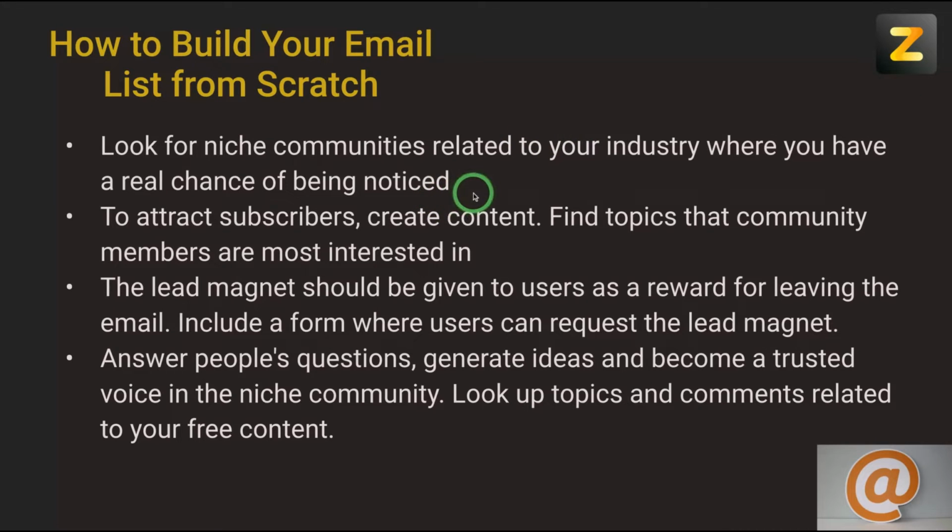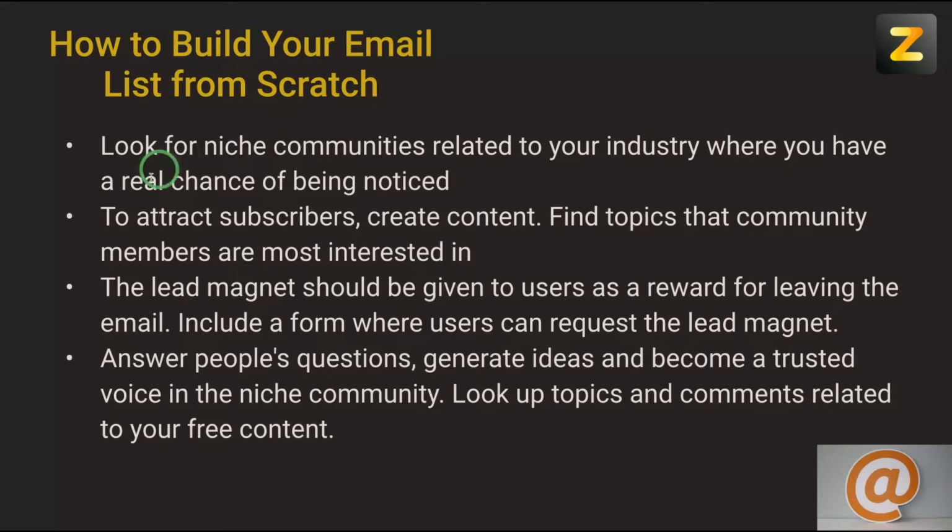And then after you work a little bit in that community, say 1 week only providing value, you can start to attract subscribers by creating more content. So start to create threads in Reddit, start to create threads in Facebook groups.